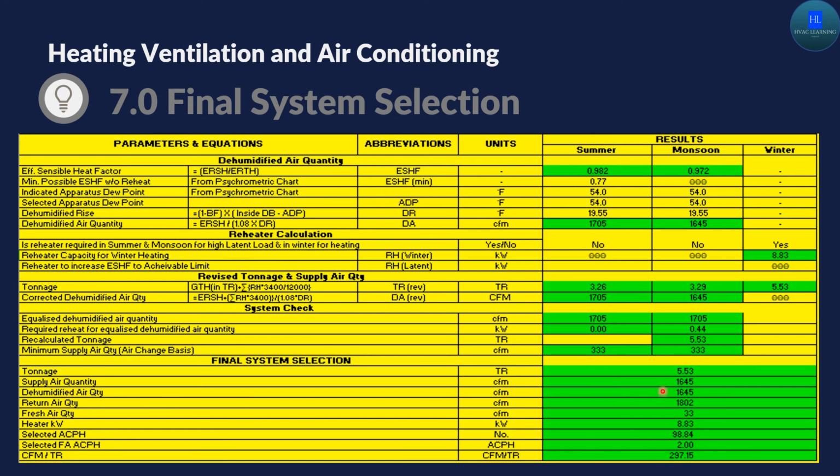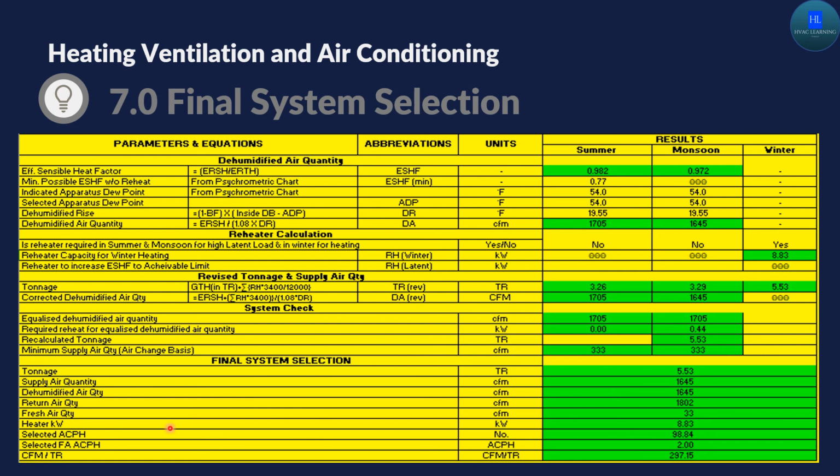So that is again the same 1645. In some of the units it might vary depending upon the load calculations. In the return air quantity, we come to know that there is some exfiltration or the infiltration. Also, if infiltration is there, this will be more. It's coming around 1802. Then we will have a look at the fresh air quantity, which we have considered was in tune of 33 CFM.